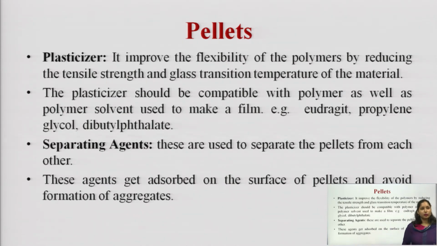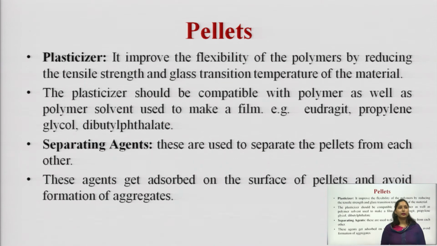So, in the process of pelletization, since there is a lot of transformation taking place during the manufacturing of the pellets, we need to incorporate the plasticizer. Okay. So, it reduces the tensile strength and the glass transition temperature of the material, thereby improving its flexibility.